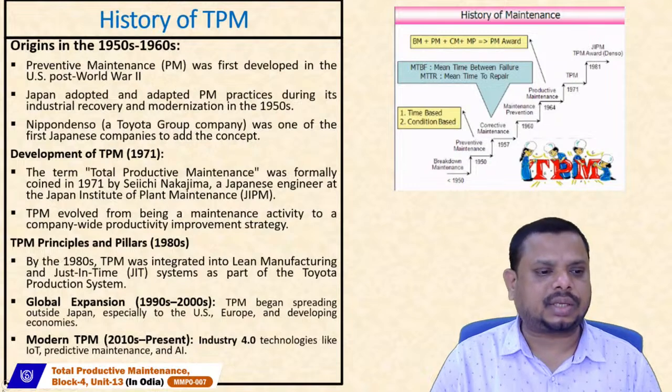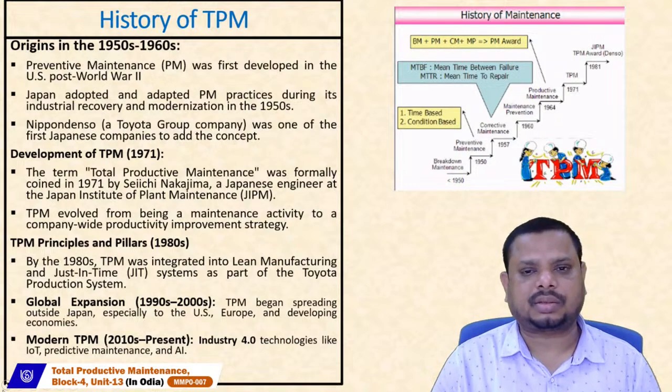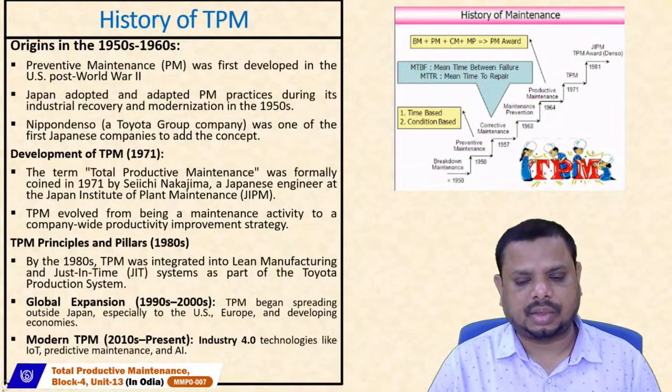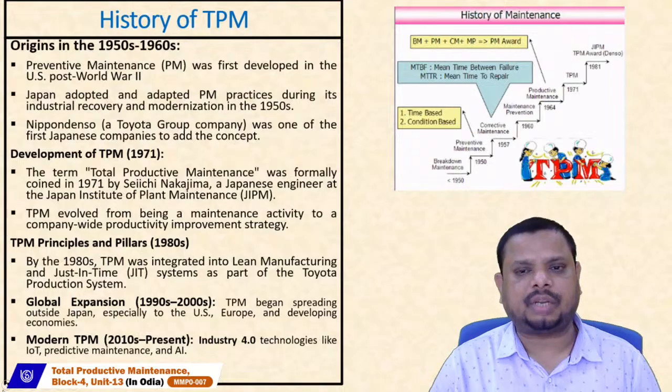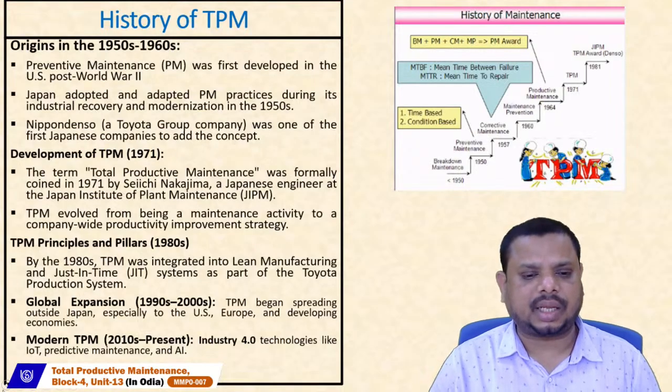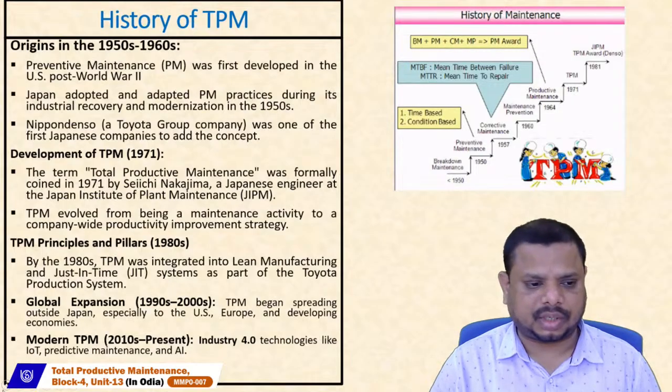The next is TPM principles and pillars during the 1980s. By the 1980s, TPM was integrated into lean manufacturing and just-in-time systems as part of the Toyota Production System. In lean manufacturing, the focus is minimization of waste and respect for the employees involved in production activities.